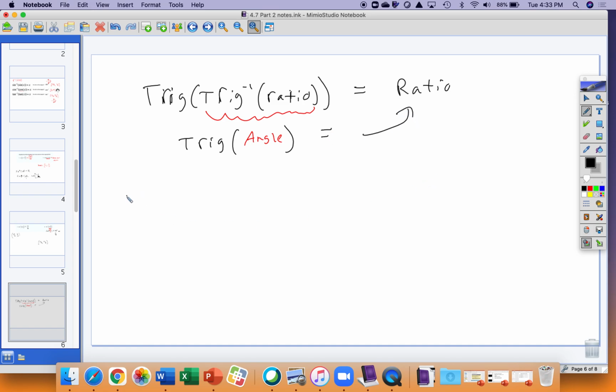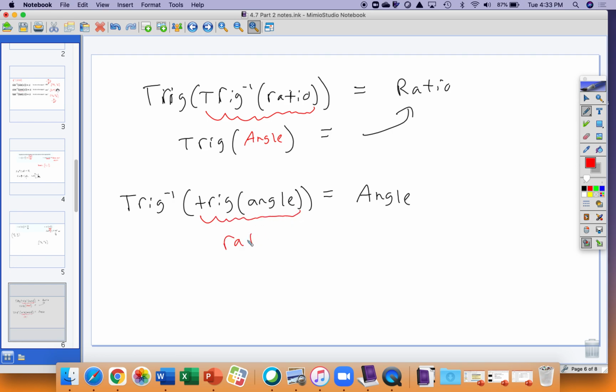But if I reversed it, the trig inverse of a trig with an angle inside is going to give me an angle. And that's because this thing right here represents a ratio of side lengths. So this is really asking for the trig inverse of a ratio, and that equals an angle.